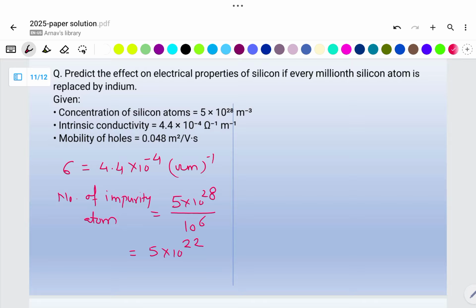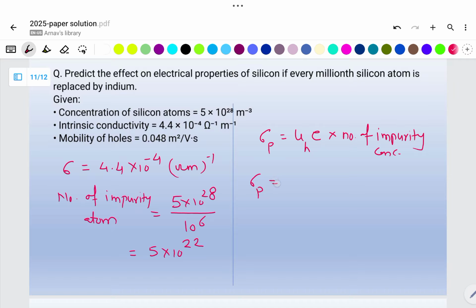Now the formula for finding the conductivity for this p-type semiconductor is mobility of holes, charge on holes and concentration of holes, or number of trivalent impurity, or impurity concentration.